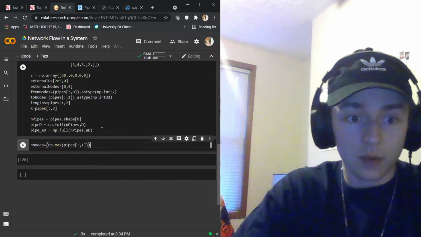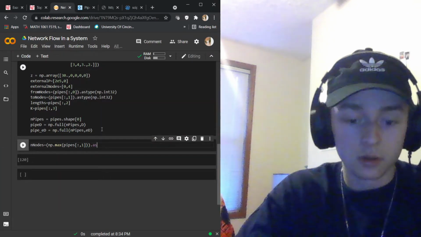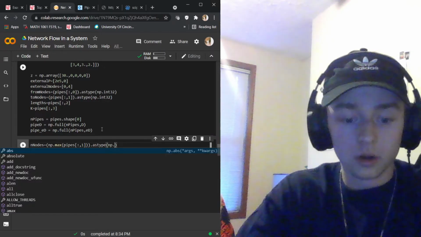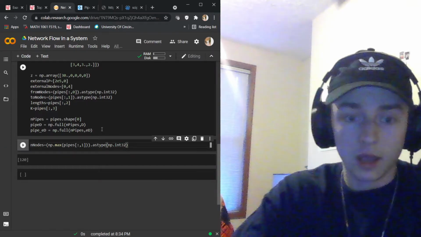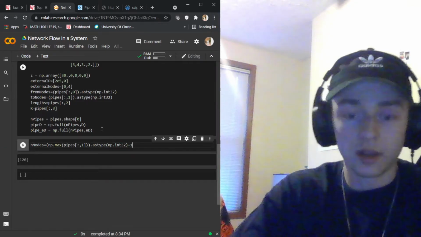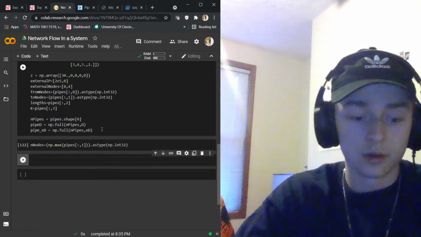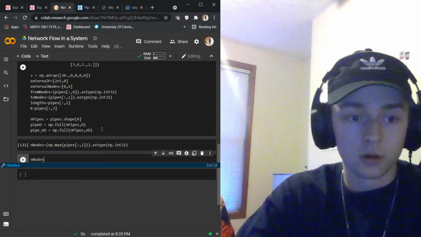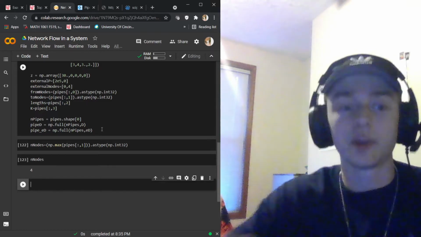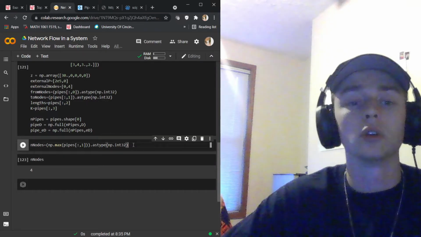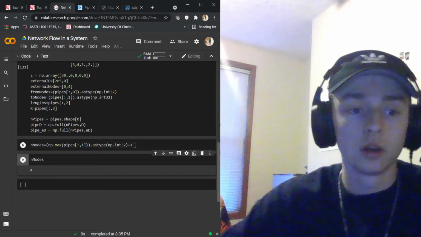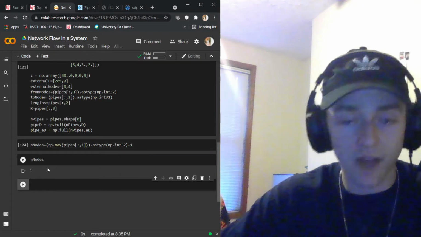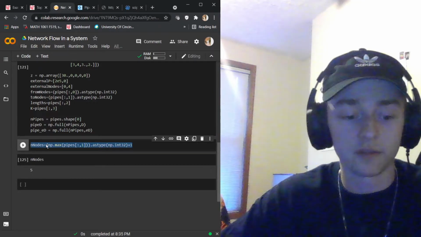We want that returned to us as an integer, and then we want to add 1 to that. If I don't do that, it says we have 4 nodes because it doesn't let us start at 0. If I do plus 1, it gives us 5. That's the total number of nodes that we have.